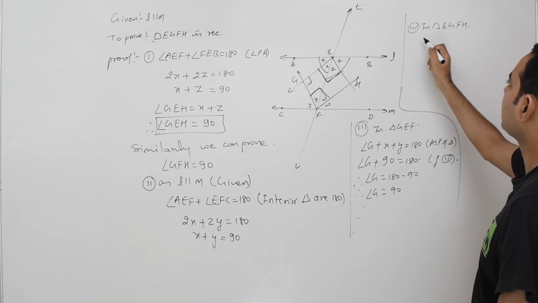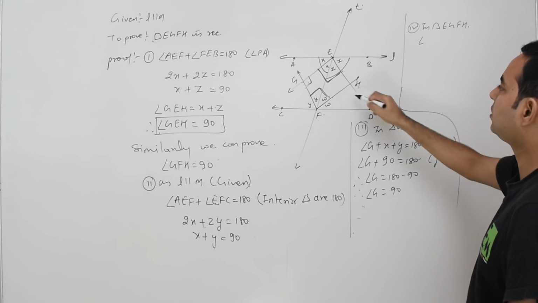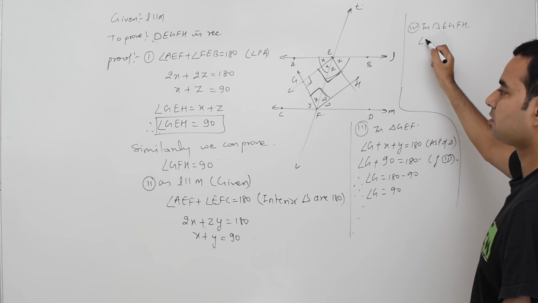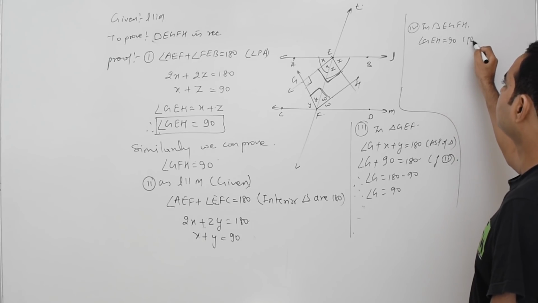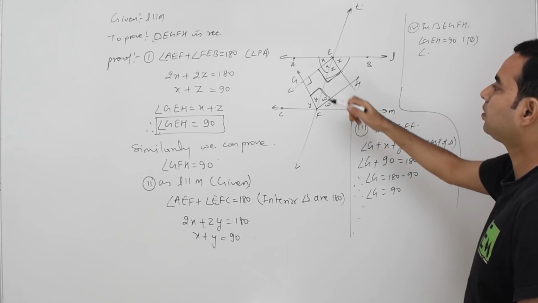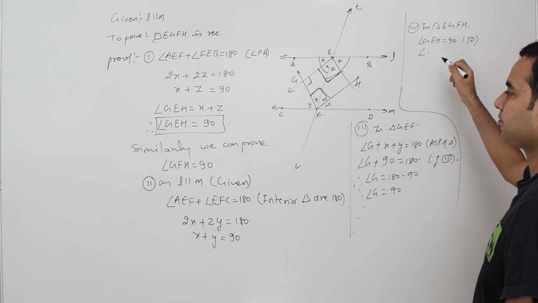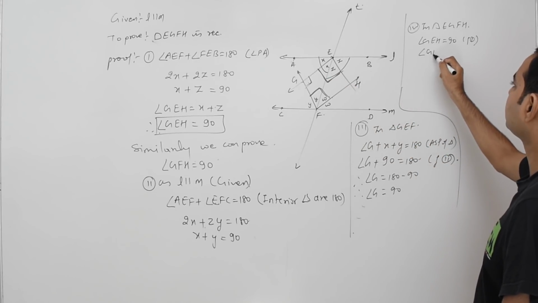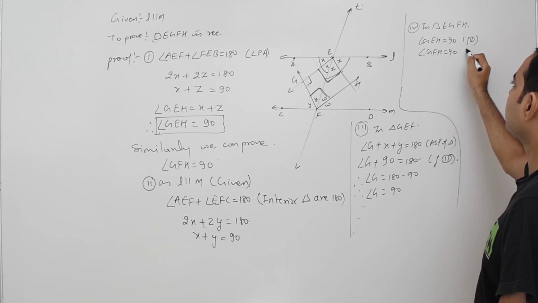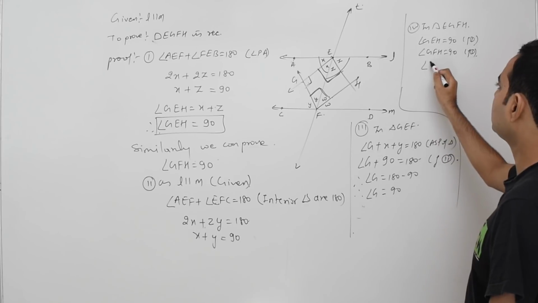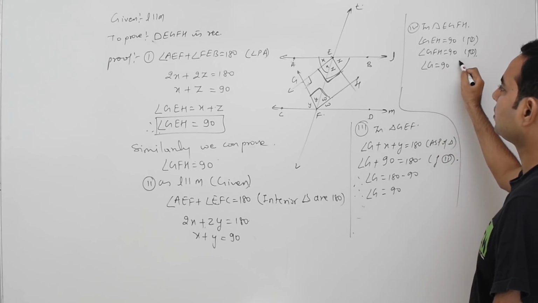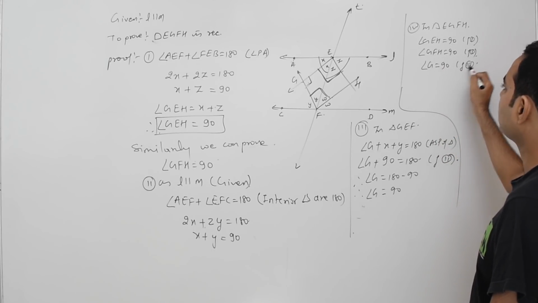EGFH, angle GEH is 90 from 1, angle GFH is also 90 from 1, and angle G is 90 from the third.